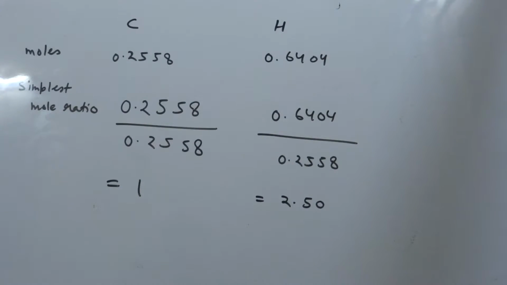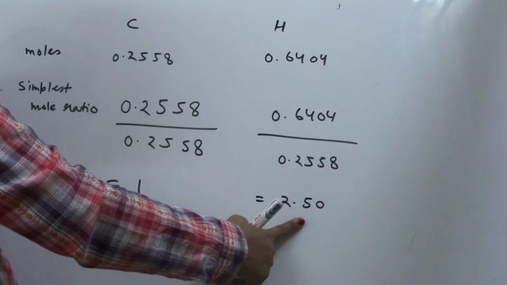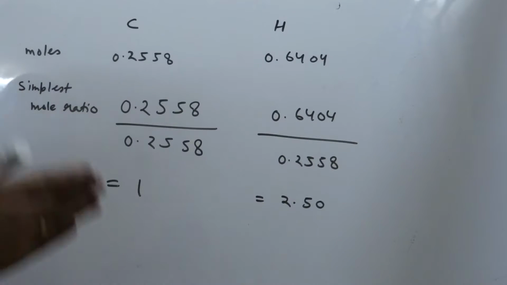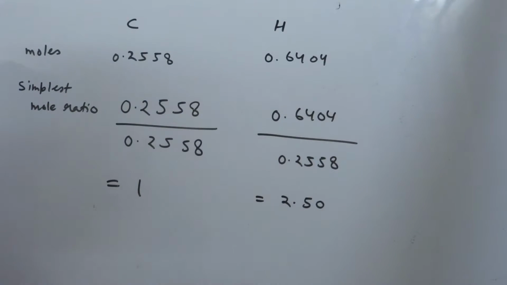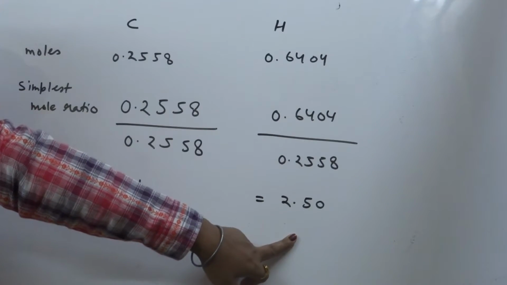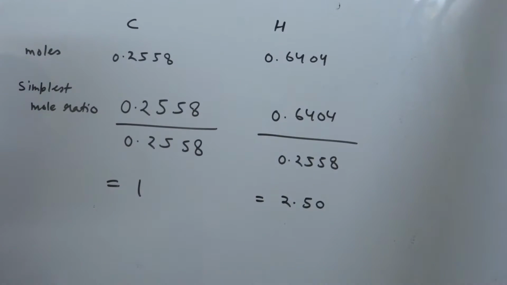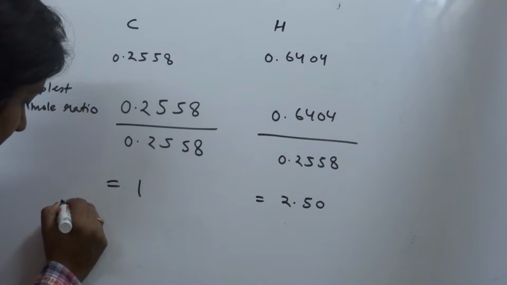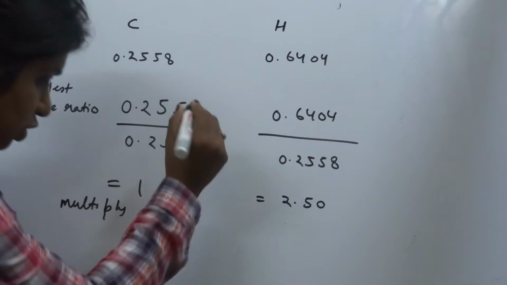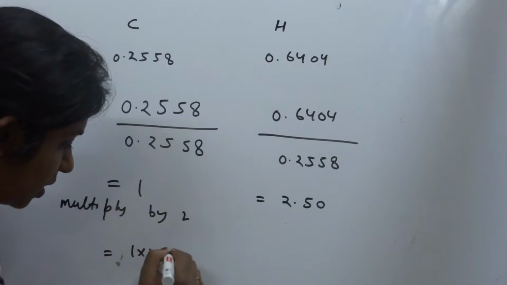2.50. Now since I don't get a whole number here for hydrogen, I have to convert this ratio into a whole number ratio by multiplying it with a suitable integer. In this case, since it is 2.5, if I multiply it with 2, I will get 5. So I am multiplying by 2. I will get for carbon 1 into 2 is equal to 2.